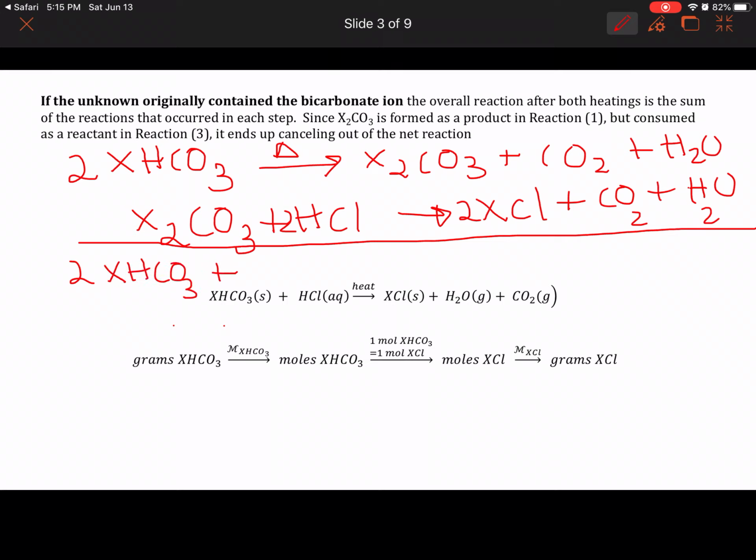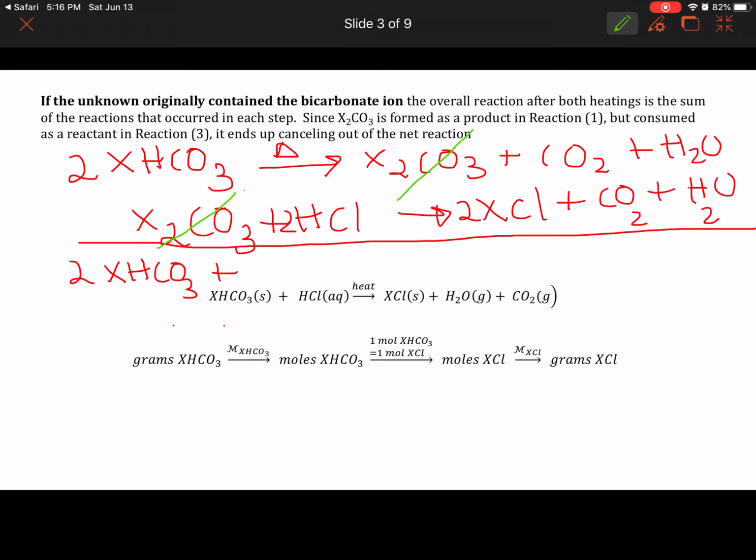2XHCO3 plus, you see here in our 2 reactions, we have X2CO3 as a product and then in the second reaction X2CO3 is used as a reactant. So since you find the same compound in the same amount on both sides, as a reactant and as a product, when you add it up you can cancel it.